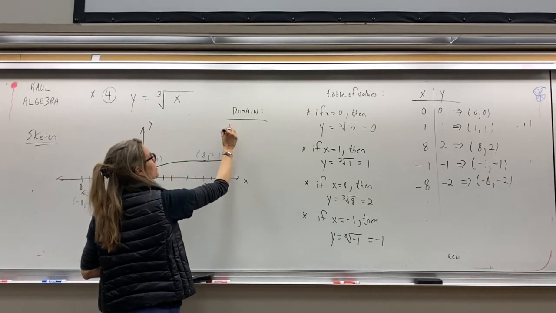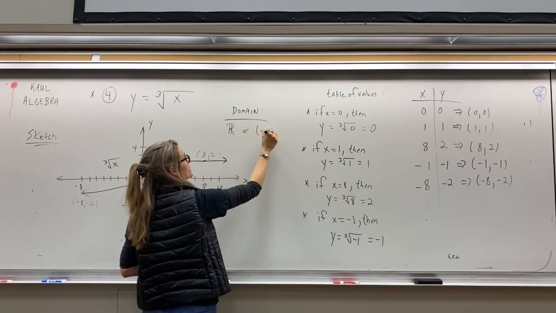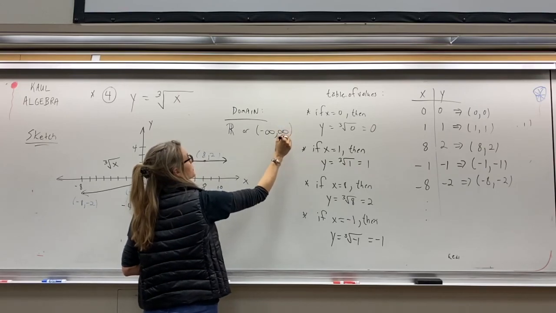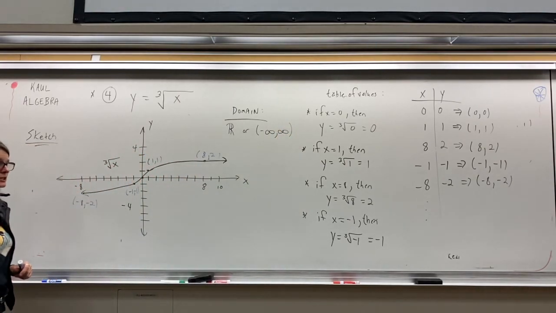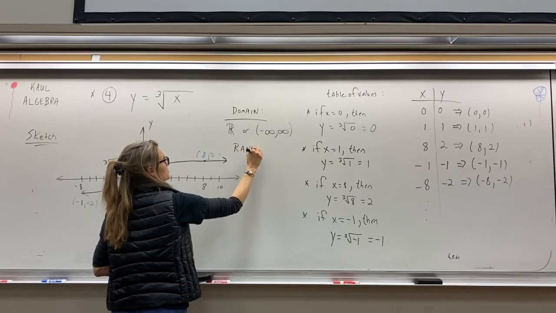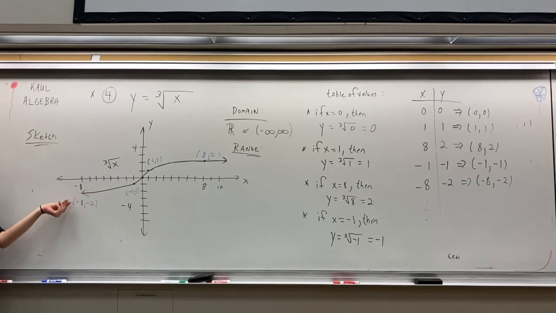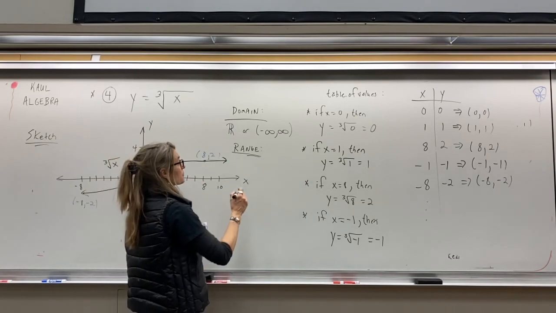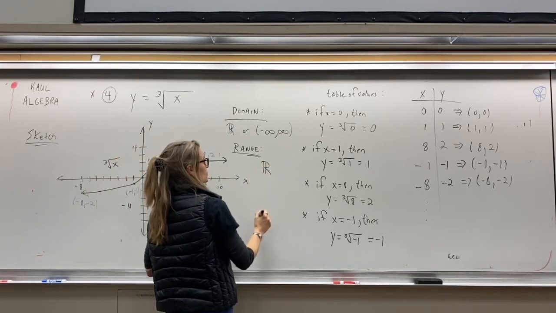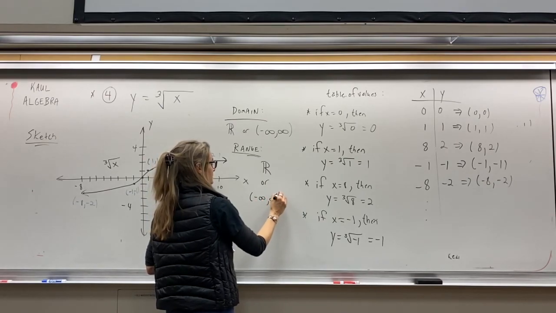So my domain is all real numbers, or I could say from negative infinity to positive infinity. My range, eventually this will climb down, down, down, this will climb up, up, and up. My range is also all real numbers, or negative infinity to positive infinity.